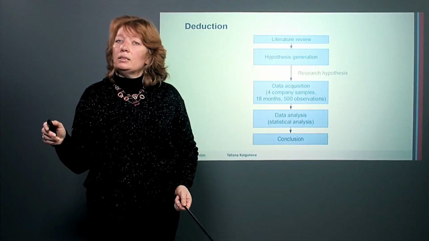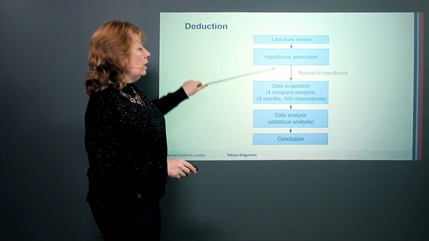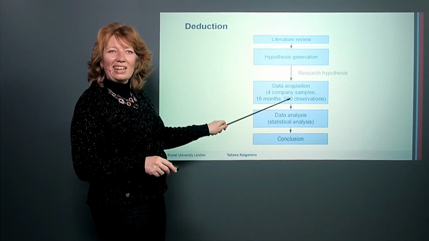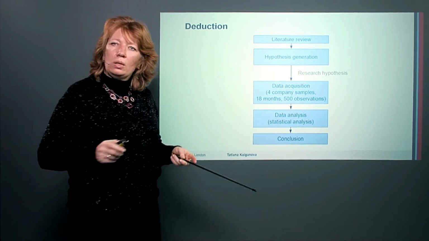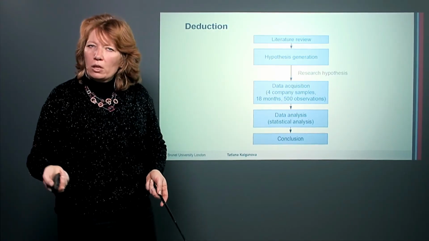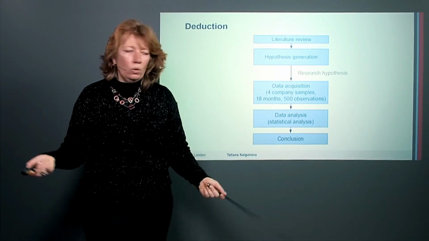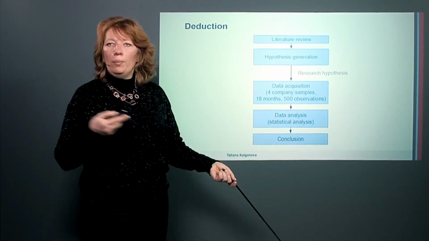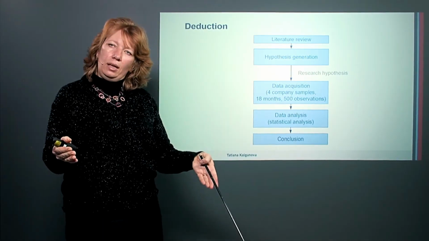Have you seen? I started not looking only at the process overall, I started to look in detail. When I speak about data acquisition, I started to introduce some specifics of my data. In this particular case, my data could be several companies, the duration of this data, and how many observations. This will tell us what my data is.